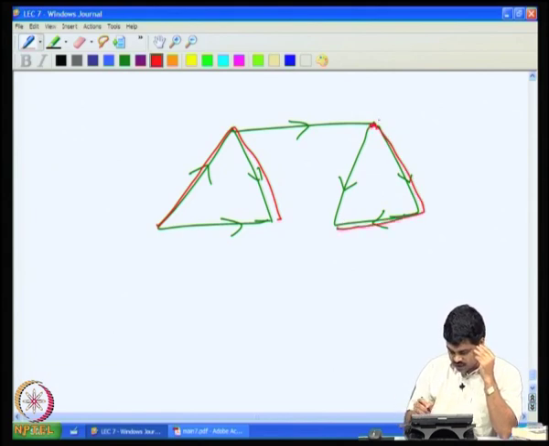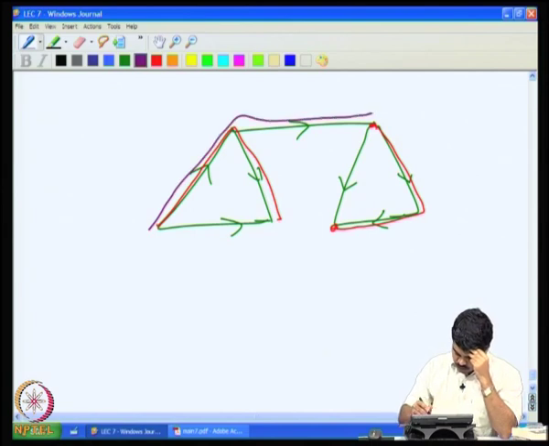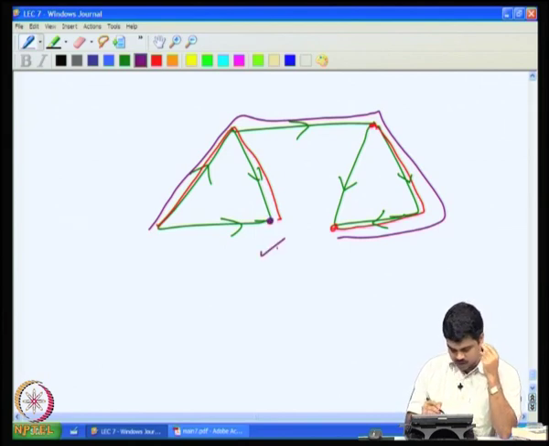So all the vertices are covered by two disjoint paths here. Or I could have marked another path cover, like I could have taken this path, and then this single vertex path. So this is another path cover.